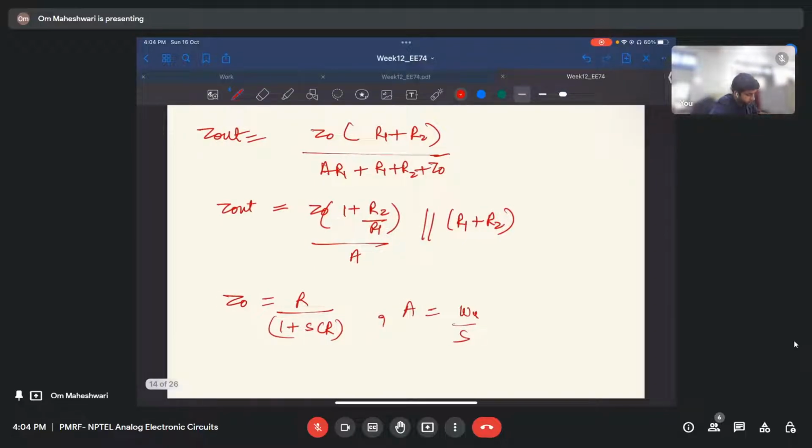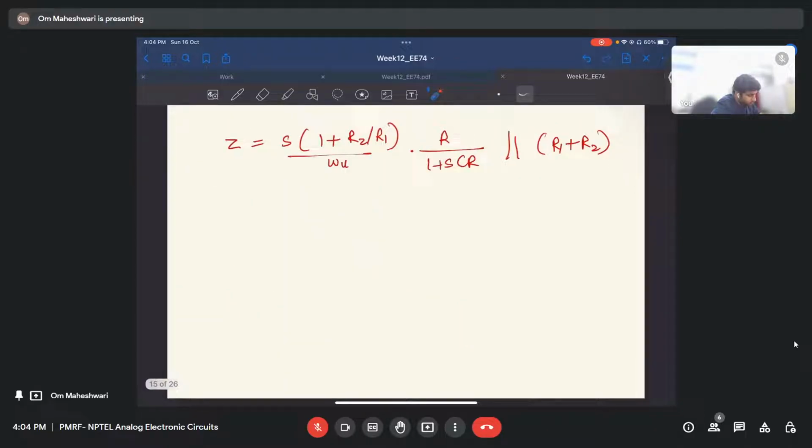So we put the value of Z naught here and the value of A here. This is the A term and this is Z naught. So this is our total Z.